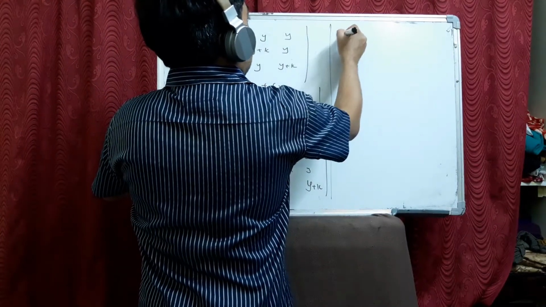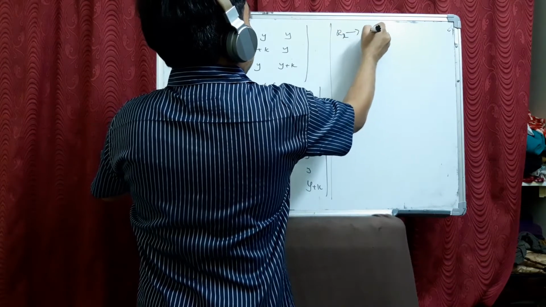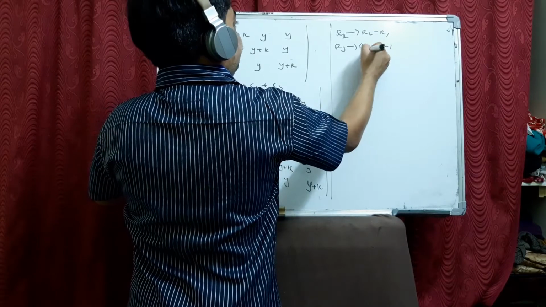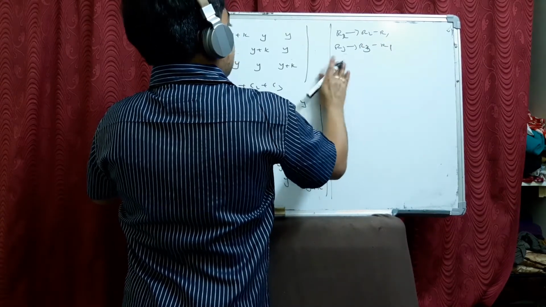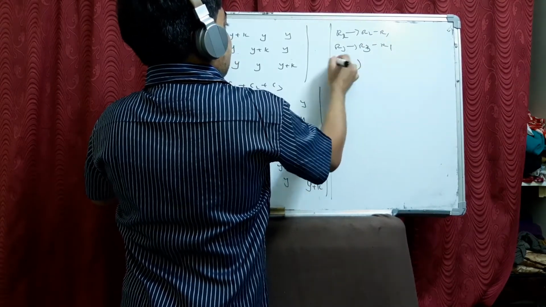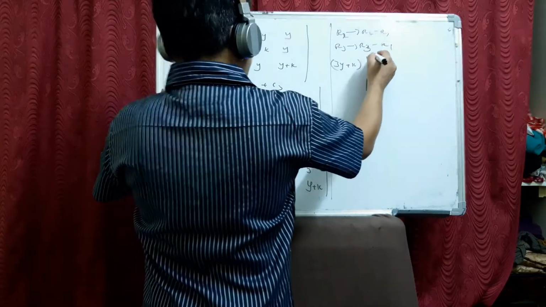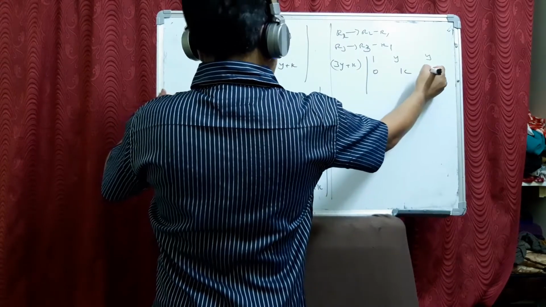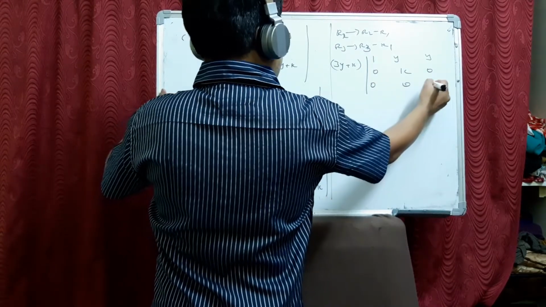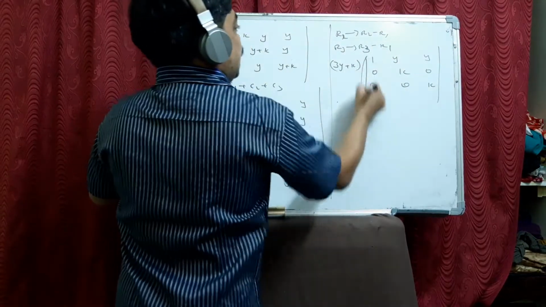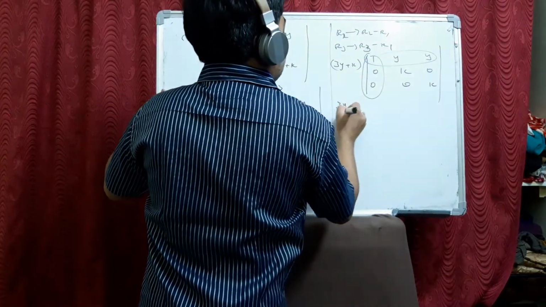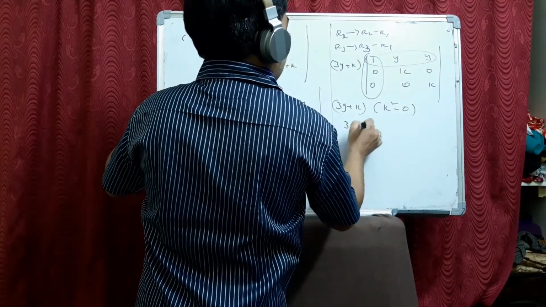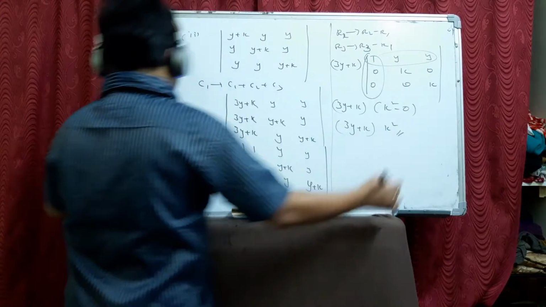Immediately we fix R1 and we change R2 to R2 minus R1 and also R3 to R3 minus R1. So it becomes 3y plus k into, the first row remains the same. It becomes 0, k, 0, 0, 0, k. Then just eliminate this row and column. 3y plus k into k square minus 0, which is 3y plus k into k square.